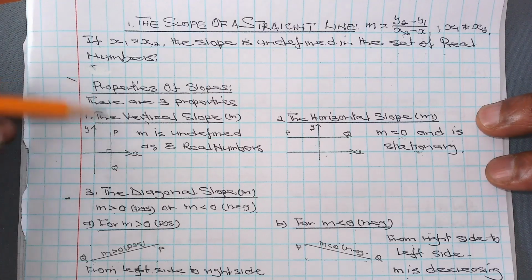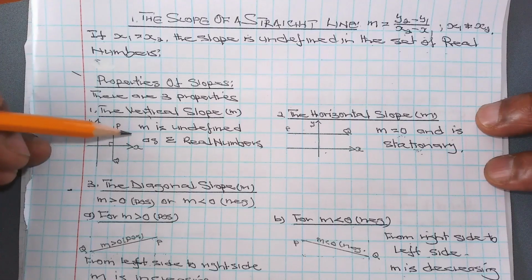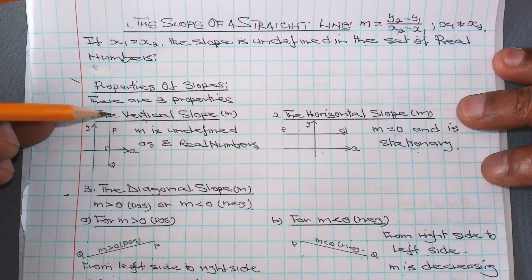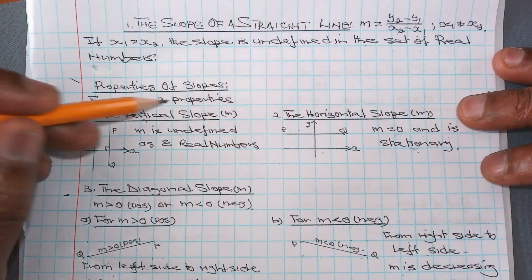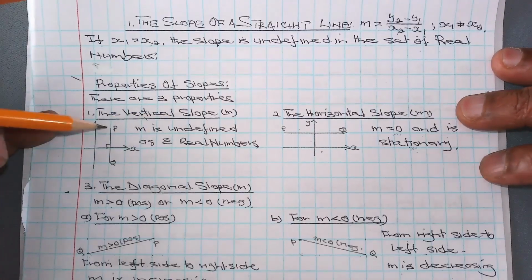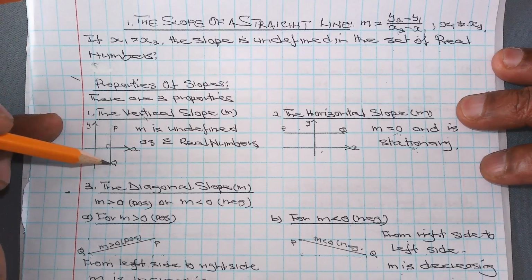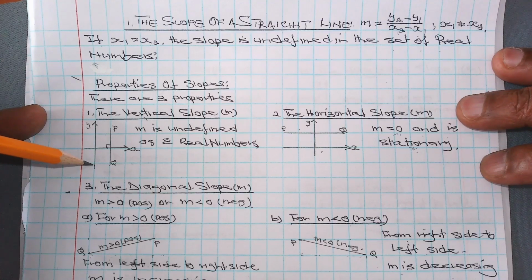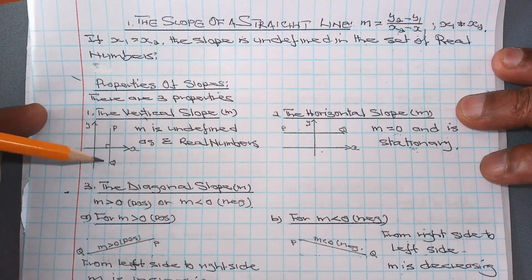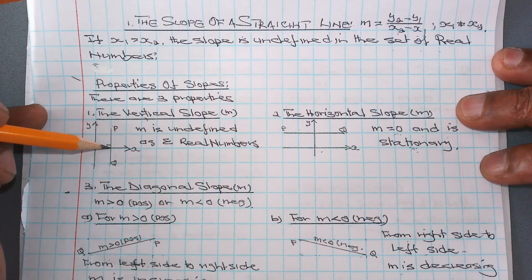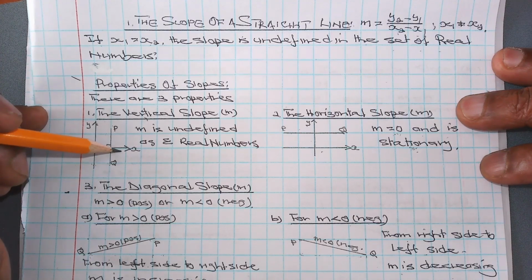Now let us recap and remind ourselves of the properties of the slope of a straight line. There are three properties. The first is the vertical slope. The vertical slope PQ is parallel to the y-axis and perpendicular to the x-axis.